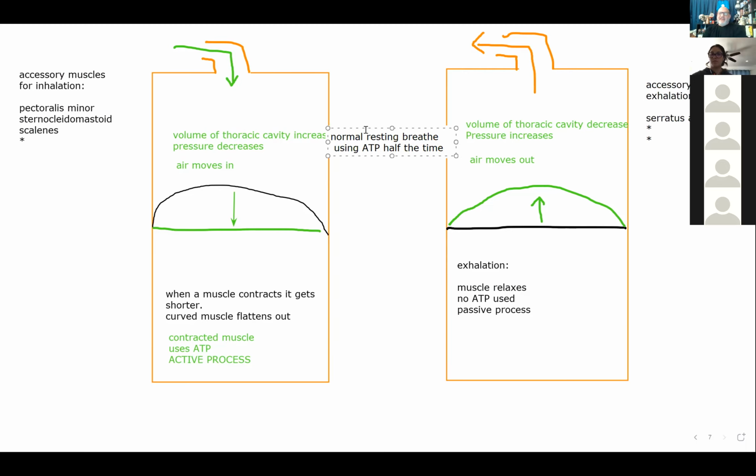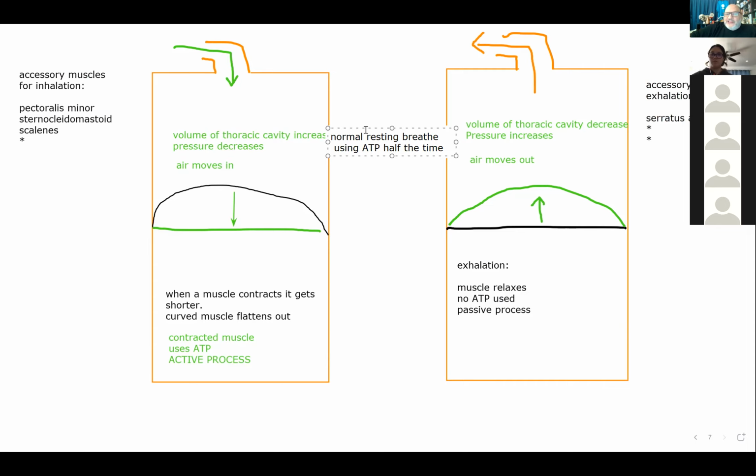And then the exhale is just passive. This is significant because remember that passive movement of the air out is due to the elasticity of the lungs, the elasticity of the diaphragm, the elasticity of the rib cage.